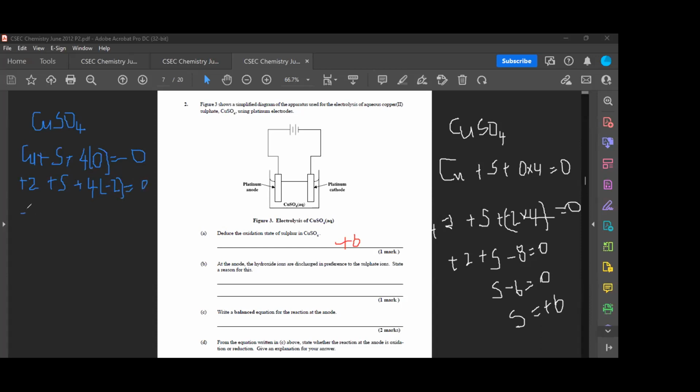We now expand all of these brackets, and we end up with minus 8. We now add these integers, so it's S minus 6 is equal to 0. And of course, we know if we add 6 on both sides, when a 6 goes over to the equal sign, it will become positive.